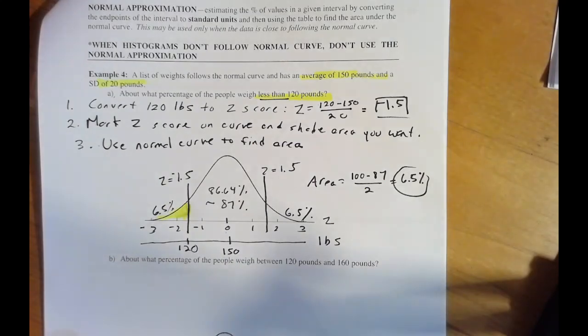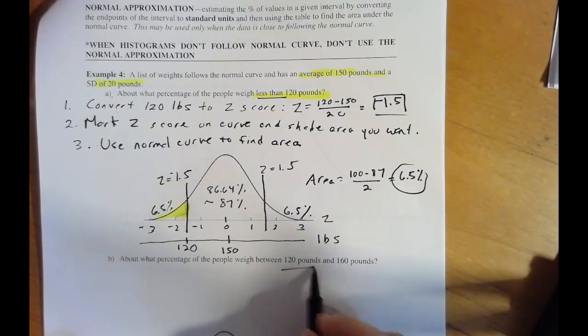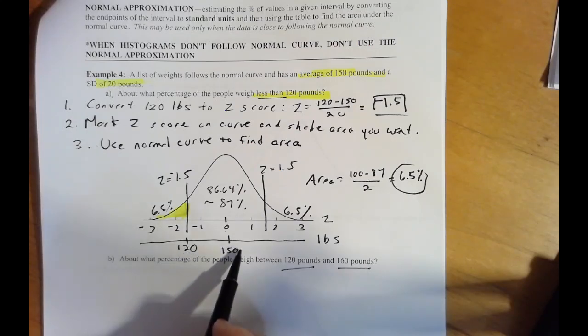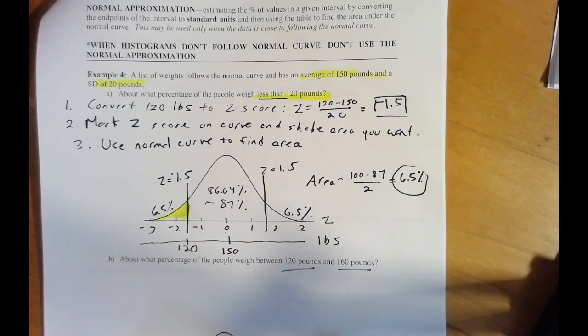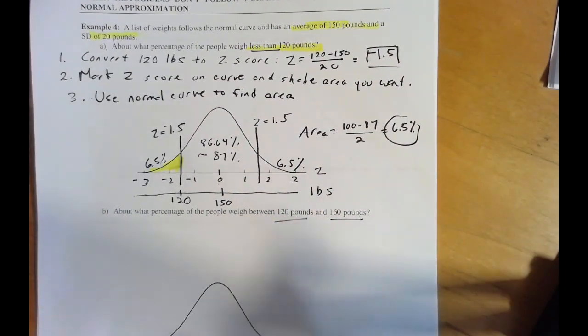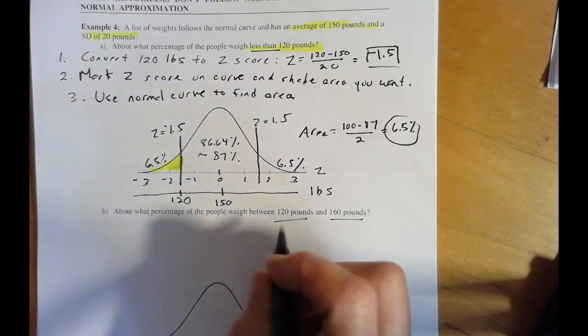All right, now let's suppose we want to find not just a tail, but an interval, like an interval between 120 and 160. So between 120 and somewhere here. Now what would we do then? We're going to have to convert. You always have to convert these values to z-scores. That's your very first thing to do.